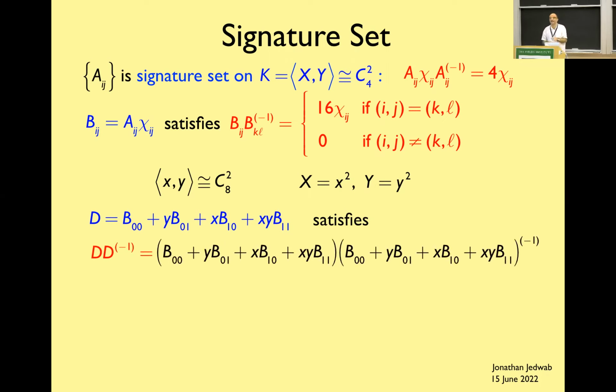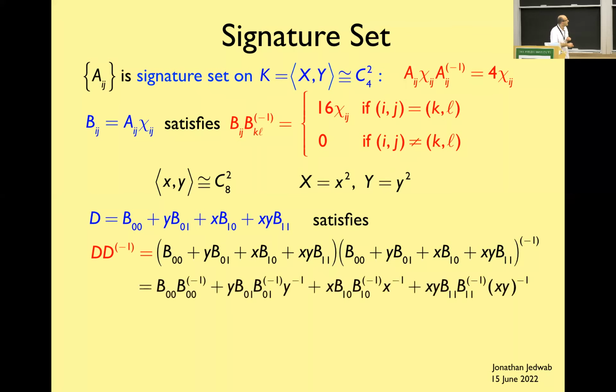D times D to the -1, we want that to be 64. Well, let's check it out. Substitute in. Now we've got orthogonality between the B's. So all the cross terms are going to disappear because of this. So get rid of the cross terms. And now when I multiply a B by itself, I get this. So I get a 16 out the front, and I can turn all of these BB things into chi's.